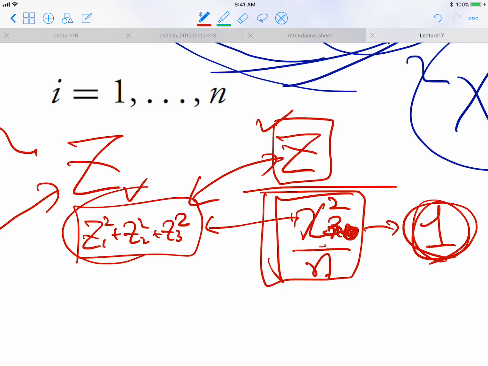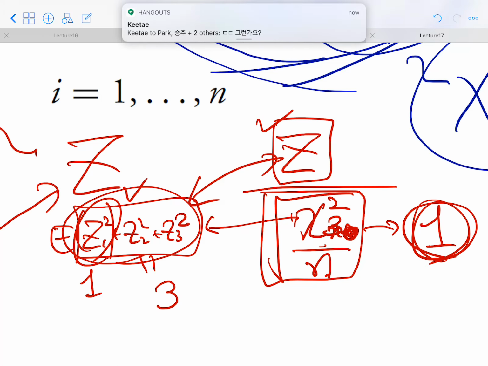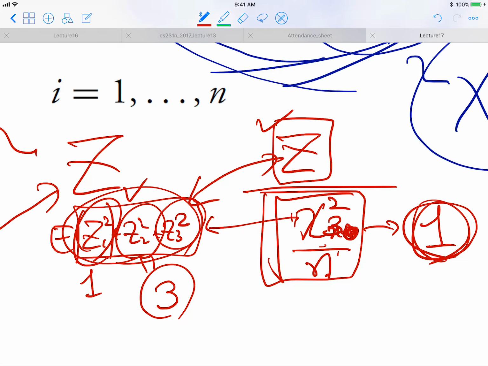But anyways, we know that this guy has the mean value 3, right? Because each one will have the expectation value 1. And so the total expectation is n, or 3 in this case, and divided by 3, it will approximately give 1.